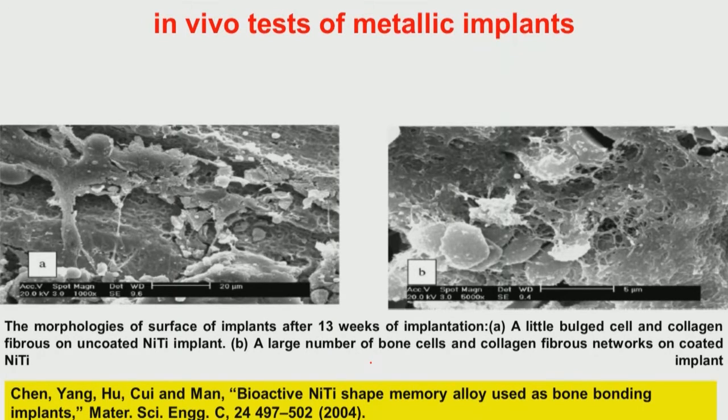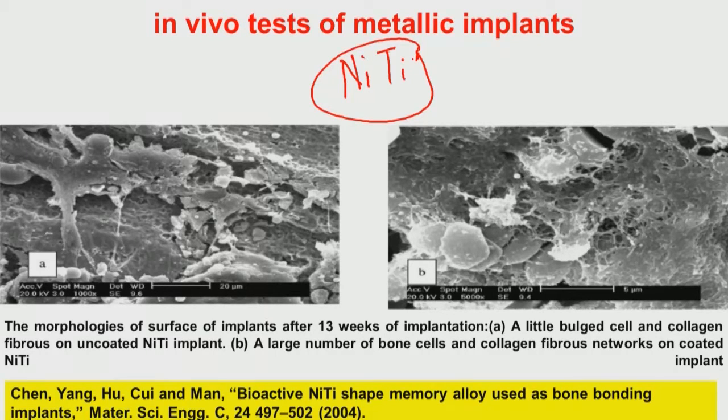Some more examples, nickel titanium, this is the classic case. Now, what is the relevance of nickel titanium? Nickel titanium is used for cardiovascular applications as stents, and people nowadays use certain ceramic coatings, because in cardiovascular applications hemocompatibility or blood compatibility is very important, as I mentioned in one of the earlier modules.